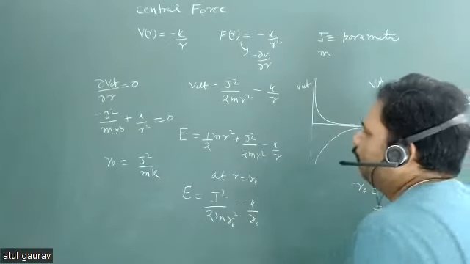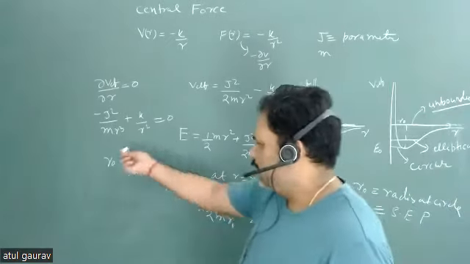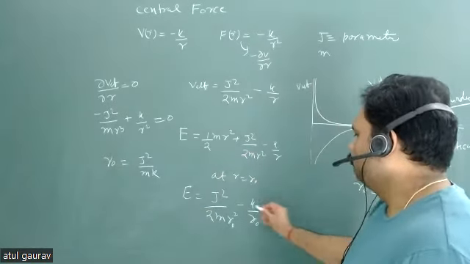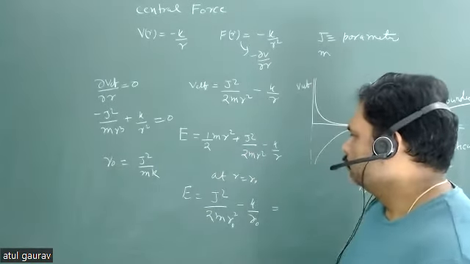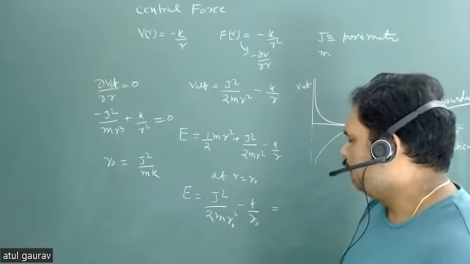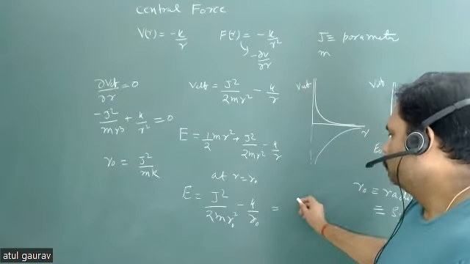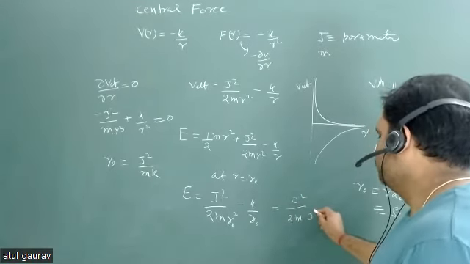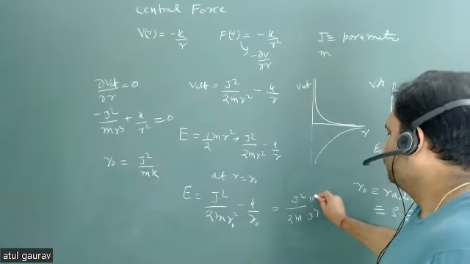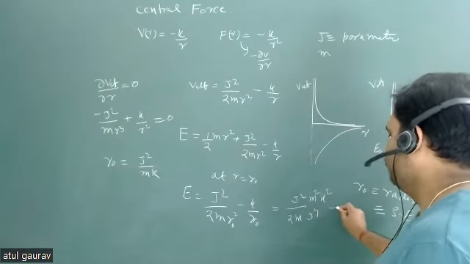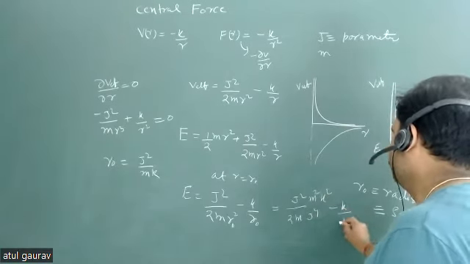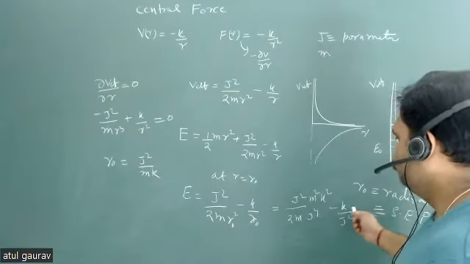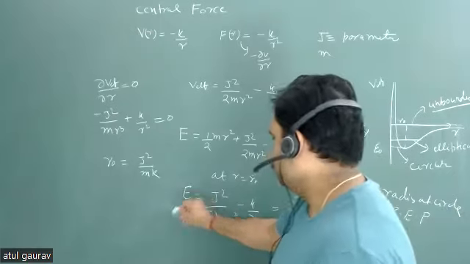Now we will put the value of j square upon mk. Last year, I think this was also in your exam. So when we are going for this, we can put r naught: this is j square upon 2m, this is j to the power 4 over m square k square, minus k, this is j square, and this is basically E naught.